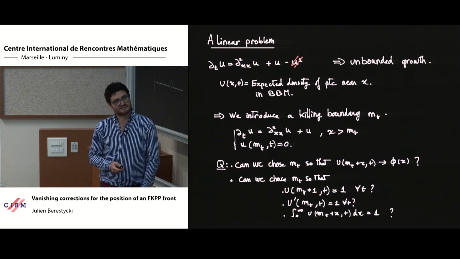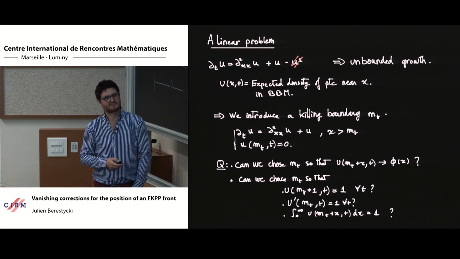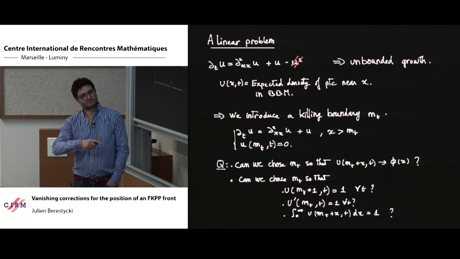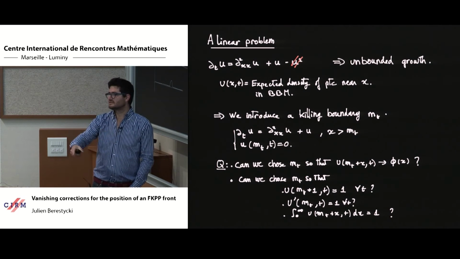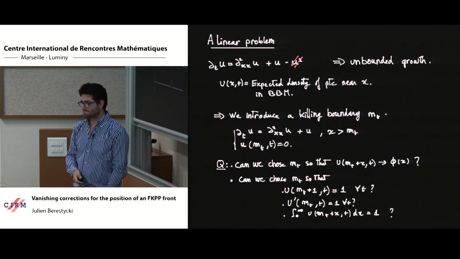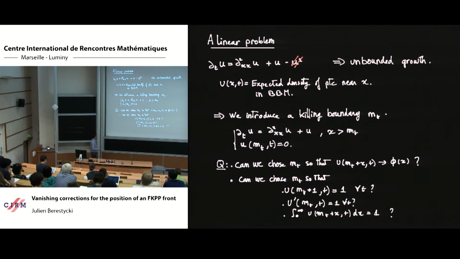Or maybe, and I'm going to come back to this one because it's very interesting, you want the total mass to the right of the killing boundary to be exactly 1 at all times. You want a probability density. So this is what I'm going to call a hard constraint, and this is a soft constraint, and you're going to see why in a minute.